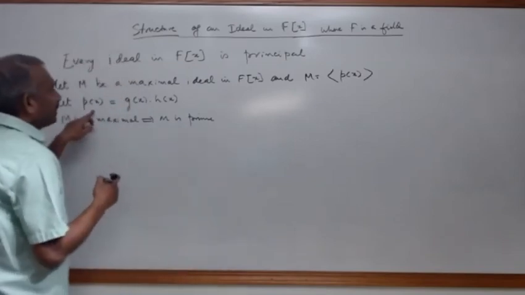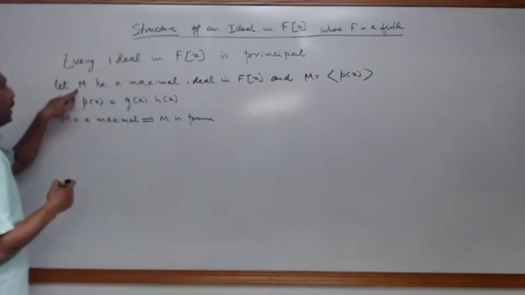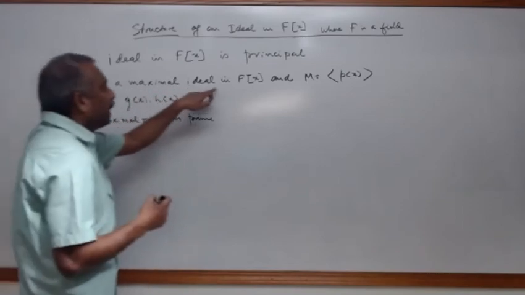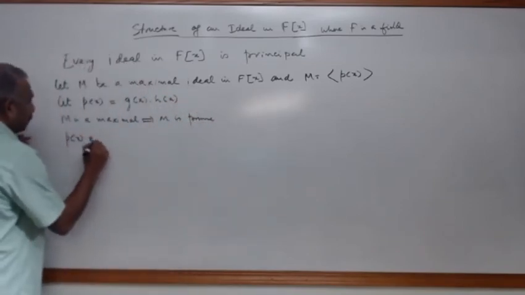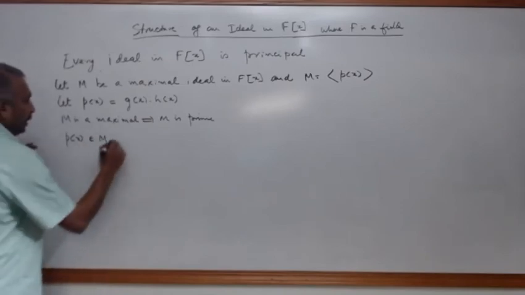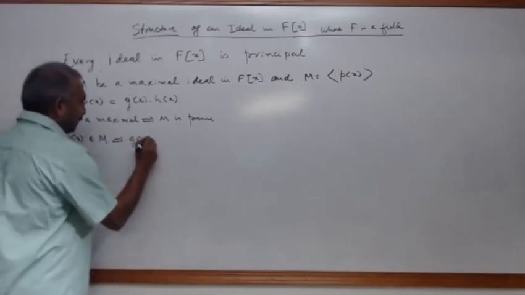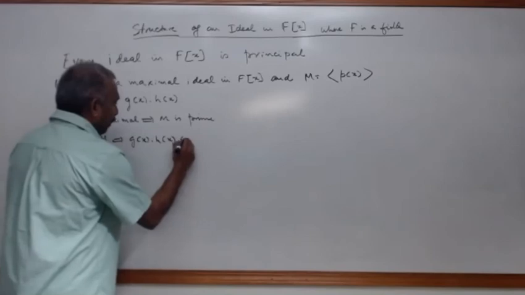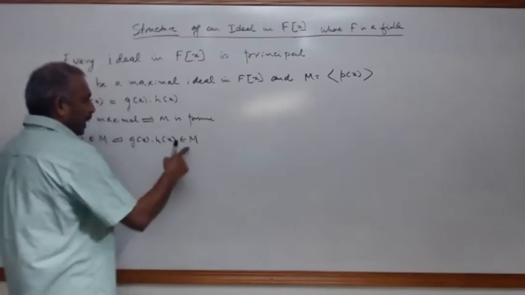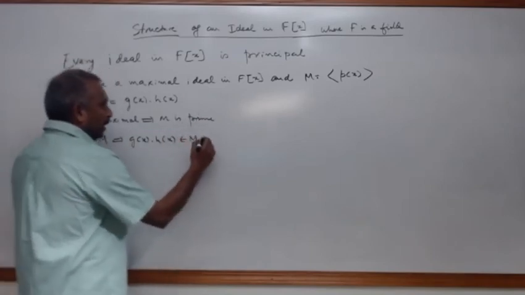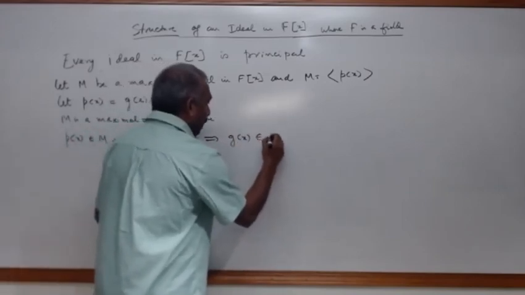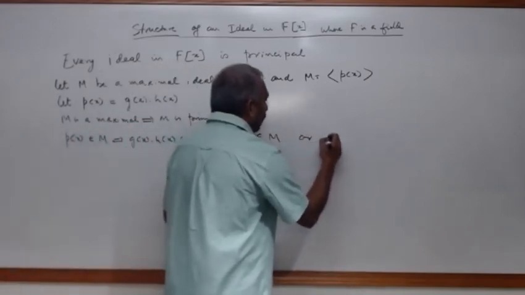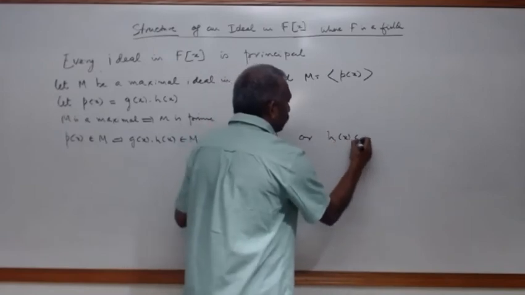And p(x) belongs to M because M is generated by p(x). So p(x) belongs to M. That implies g(x) times h(x) belongs to M, and M is a prime ideal. That implies g(x) belongs to M or h(x) belongs to M.